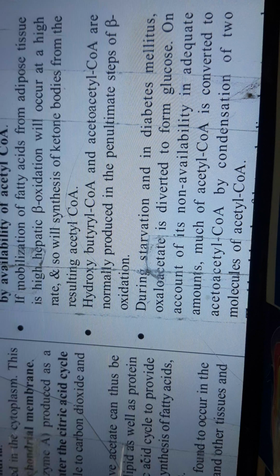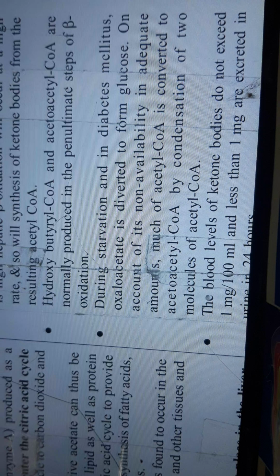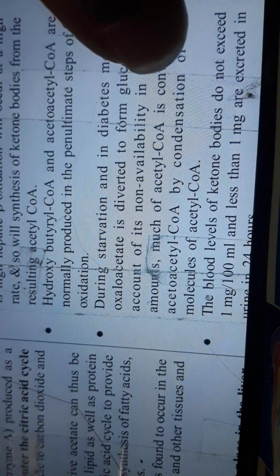If mobilization of fatty acids from adipose tissue is high, hepatic beta oxidation will occur at a high rate, and so will synthesis of ketone bodies from the resulting acetyl-CoA. Hydroxybutyryl-CoA and acetoacetyl-CoA are normally produced in the penultimate steps of beta oxidation.